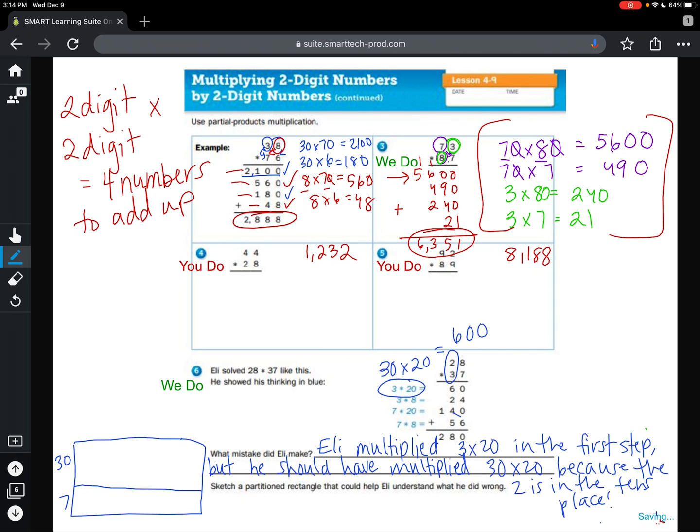And then my 28 would be 20 and 8. Inside of here, what would I have? 30 times 20, 30 times 8, 20 times 7, and 7 times 8.